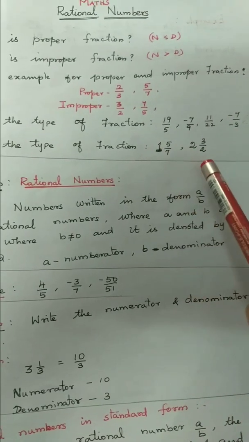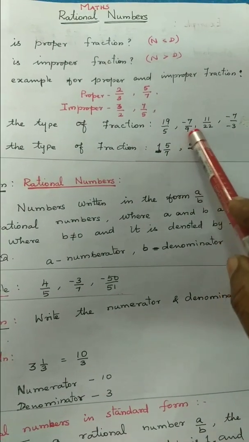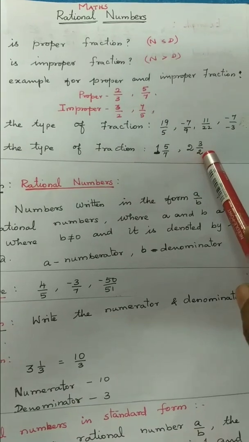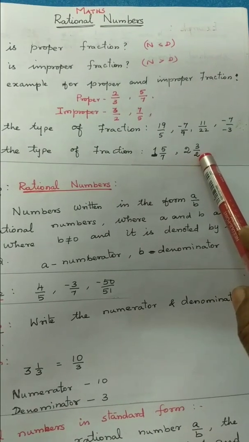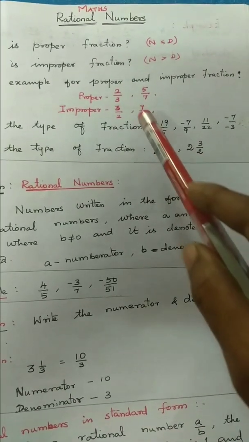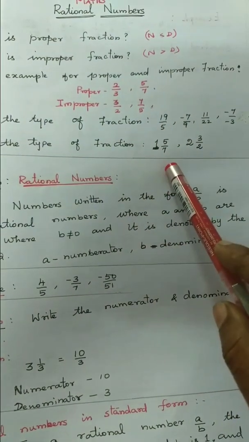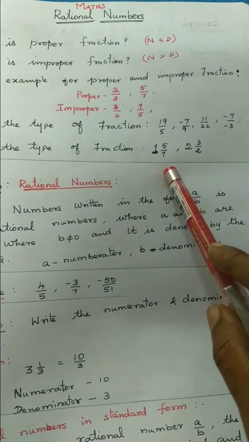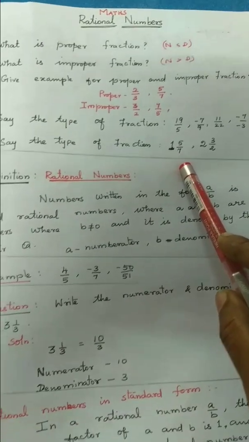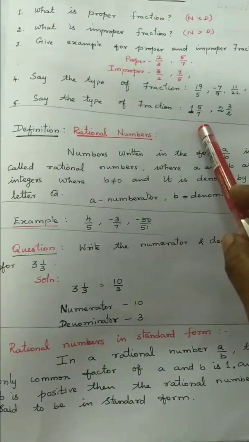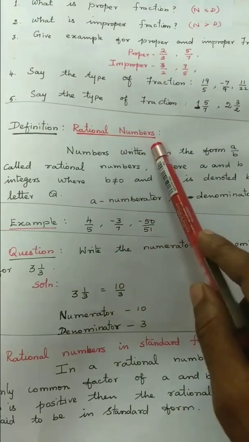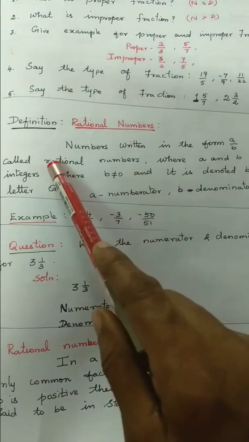Yes, it is mixed fraction. 2 3 by 2 is also mixed fraction. We can change only the improper fraction to mixed fraction. Yes. Okay.